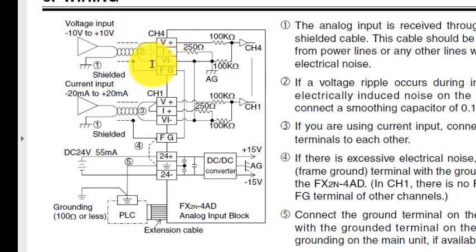These are 2 points to use, and you attach 2 wires to this module, and you will read the voltage input. If your input is in the form of current, then you have to use V plus and I plus shorted, and the other one with VI minus. In this way you have to wire a current input.